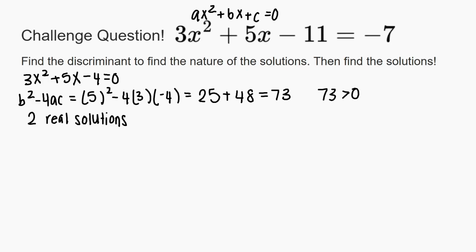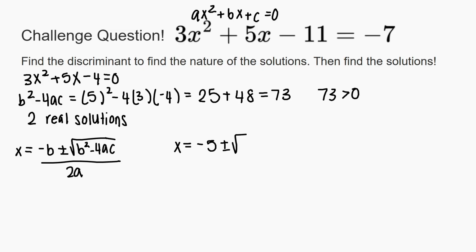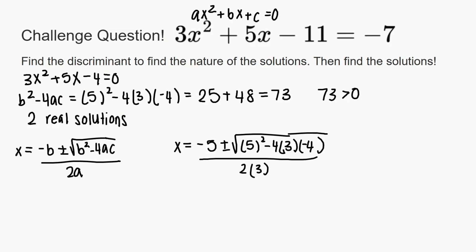Now we can use the quadratic formula to find our solutions. We have x equals negative b plus or minus the square root of b squared minus 4ac over 2a. Let's find it. x equals negative 5 plus or minus the square root of 5 squared minus 4 times 3 times negative 4, over 2 times 3.